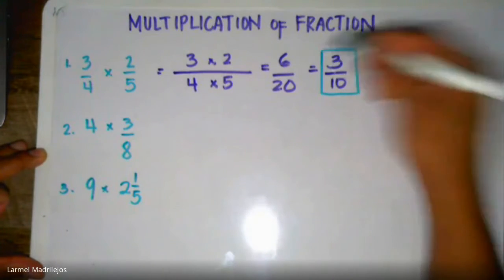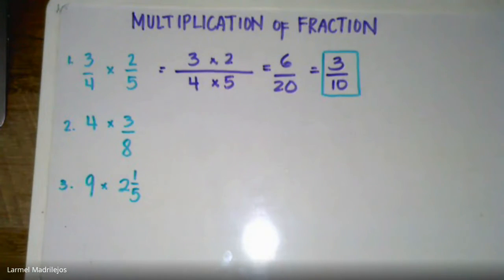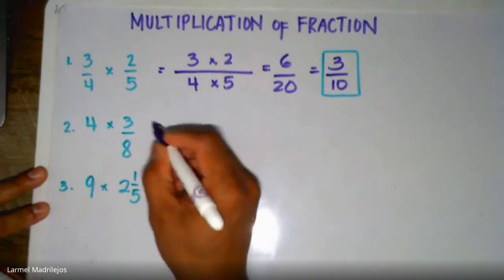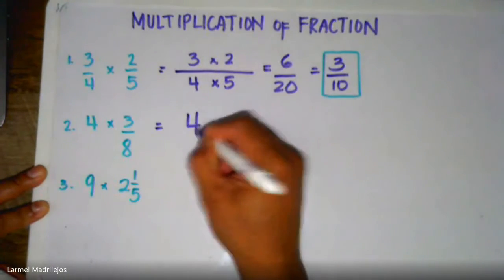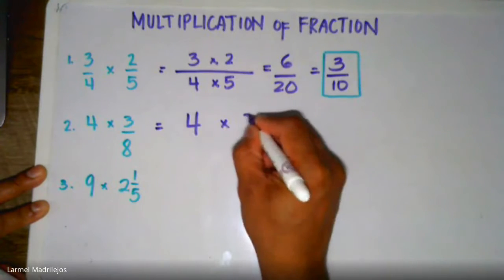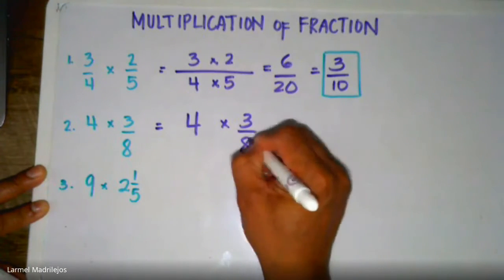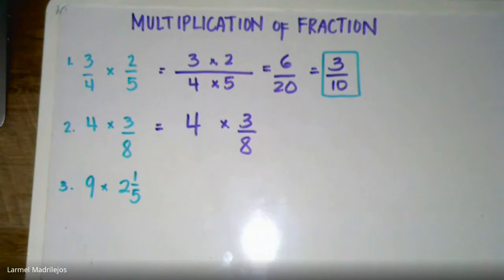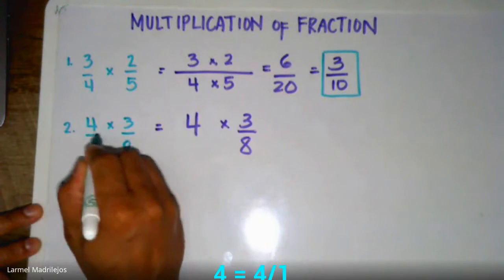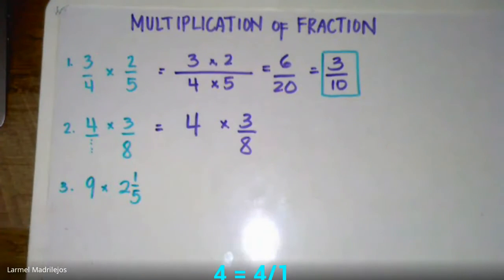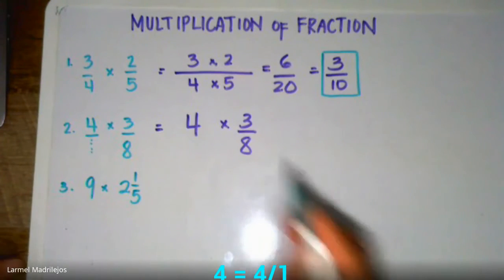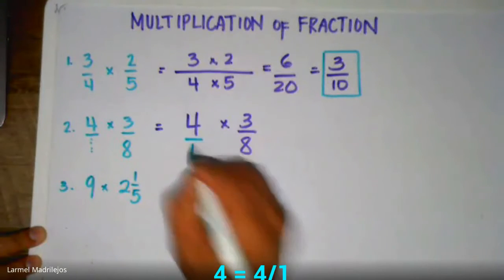Okay. Next question. What if we have a whole number multiplied by a fraction? I mentioned in my previous post that 4 can be written as the fraction 4/1. It's imaginary, but the fraction of 4 is 4/1.